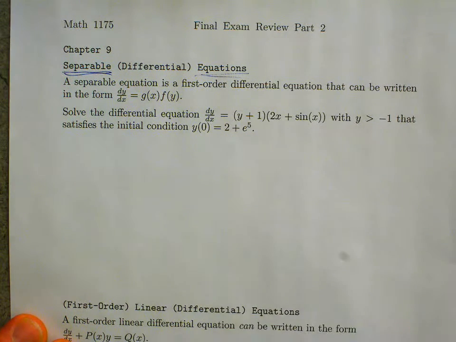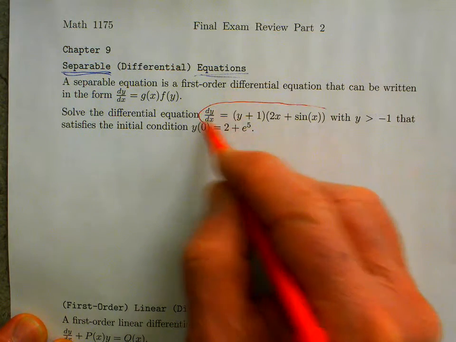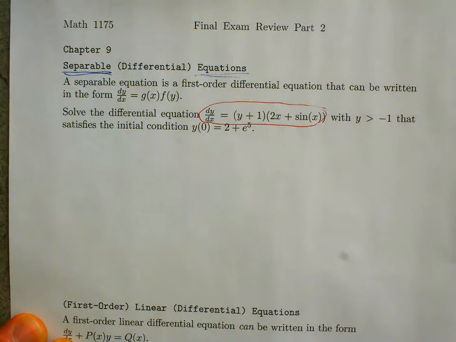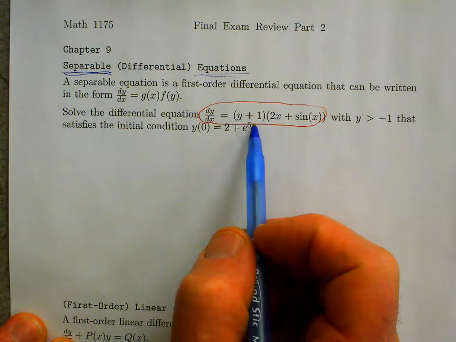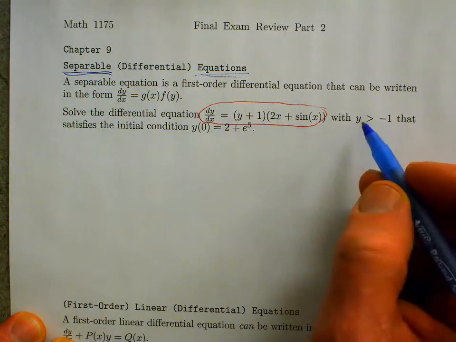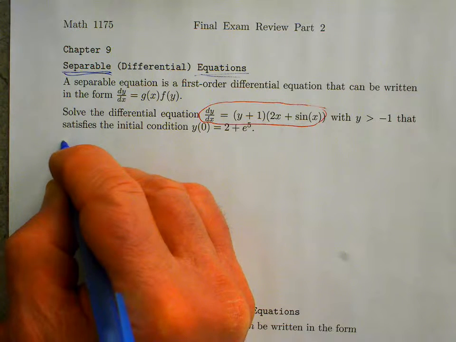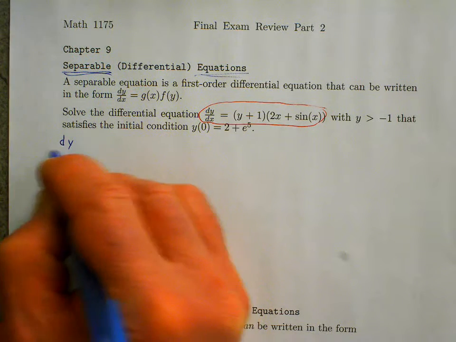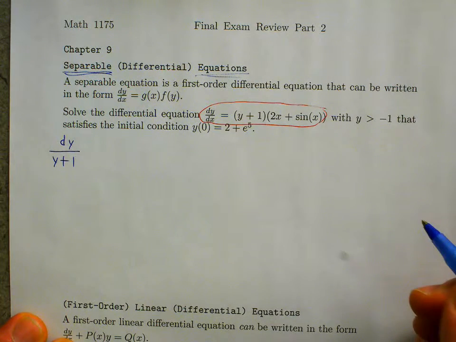Okay, so the first thing we do, we can write down the separation. So on the left-hand side, well, we're going to divide both sides by y plus 1, and then multiply both sides by dx. So when we do that, we get dy over y plus 1 on the left-hand side.